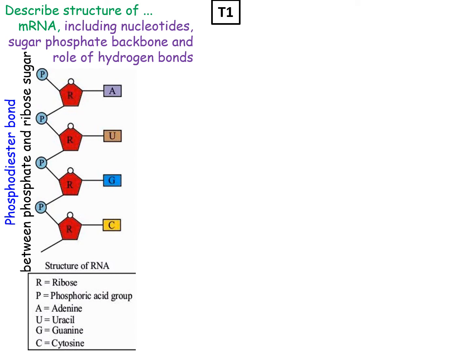As we mentioned with the structure of DNA earlier, the structure of mRNA is the same except for differences such as the fact that it is a single strand. It still has phosphodiester bonds. There is ribose sugar instead of deoxyribose, and in terms of bases they are all the same, but the nitrogenous base thymine is replaced by uracil in mRNA.